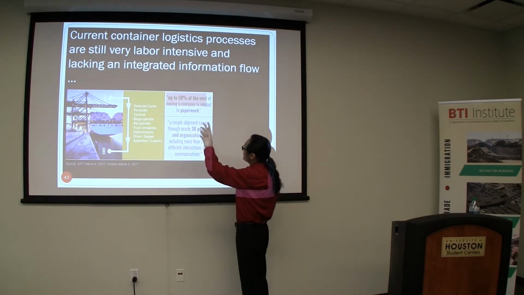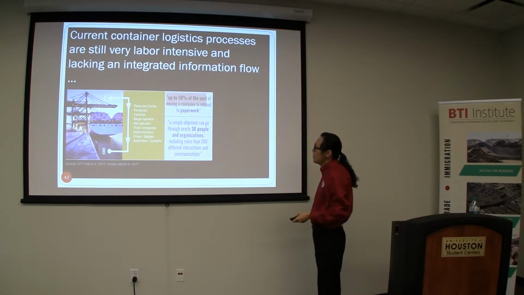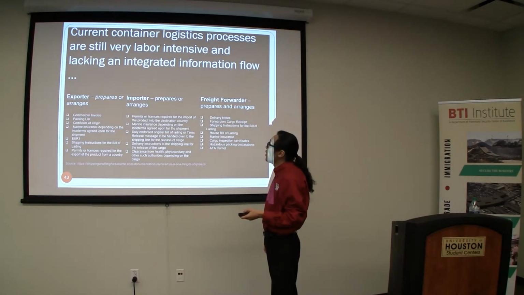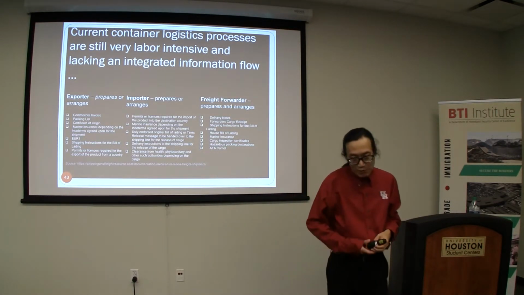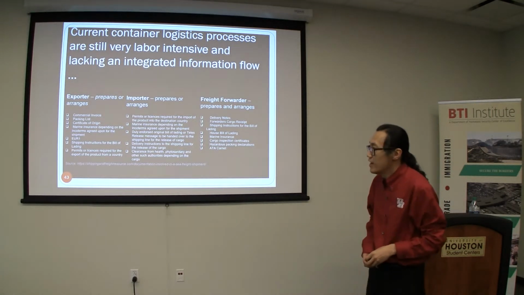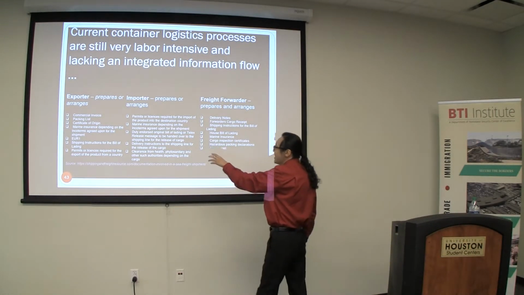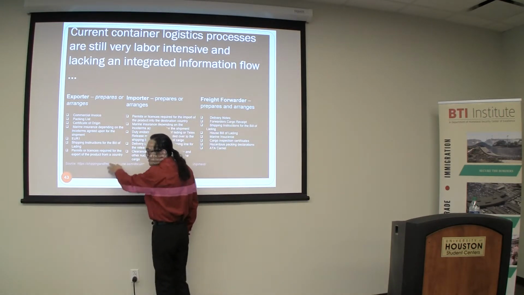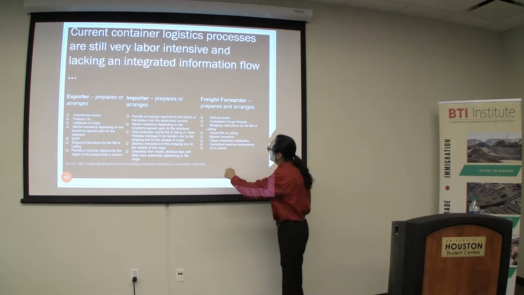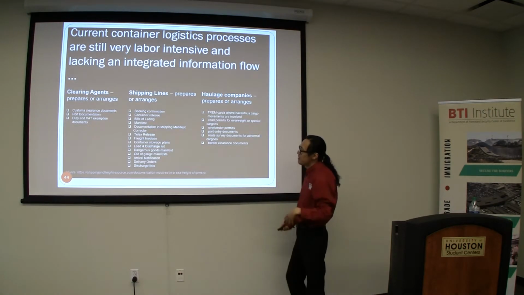Here it says up to 50% of the cost of moving containers, as an example, is due to paperwork. But that's based on a study, and it looks like a very high number. If we talk about paperwork in cross-border supply chains, moving goods and cargo across borders, you will be surprised by the amount of documents involved. Here it shows the exporters need to prepare those documents they have to fill out, and the importers need to prepare those documents, and the freight forwarders need to arrange and prepare those documents, and that's all the stakeholders involved.